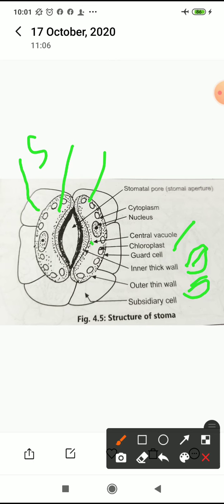But the surrounding epidermal cells or subsidiary cells don't have starch-containing chloroplasts. So during daytime, when there is light, starch in the guard cells is converted into sugar.